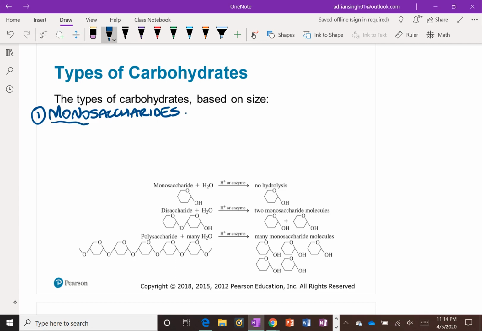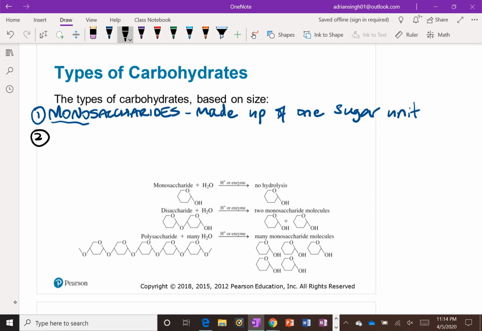Mono here tells you that they're made up of a single sugar unit. And we'll take a look at some examples of monosaccharides in the next couple sections.